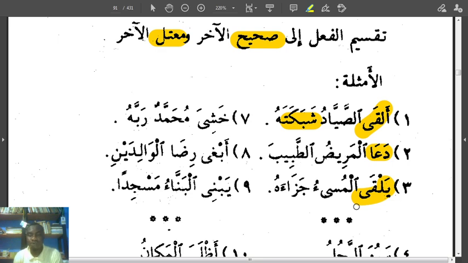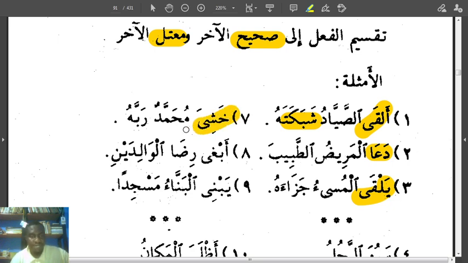So al-musi'u is the one who does wrong, the culprit or the criminal. Yalqa al-musi'u jaza'ahu: anyone who does wrong will meet his reward. Yalqa, to meet.